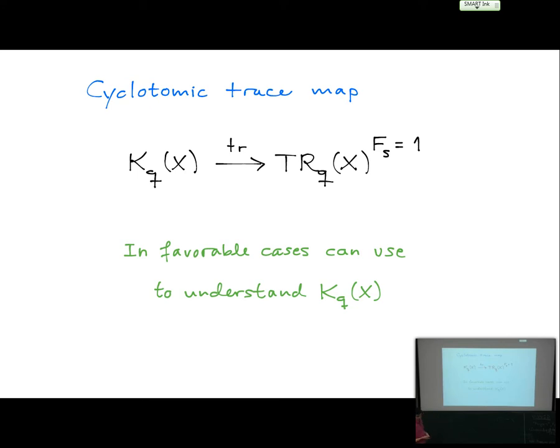This is a strong invariant of K-theory, and it can, in some cases, be used to understand K-theory. I should also say that this is, in many respects, a non-Archimedean analog of Connes' cyclic homology.